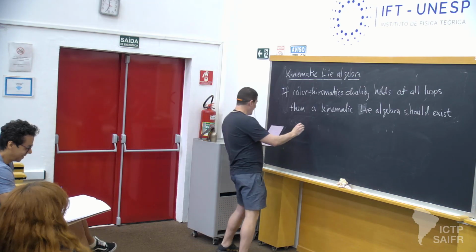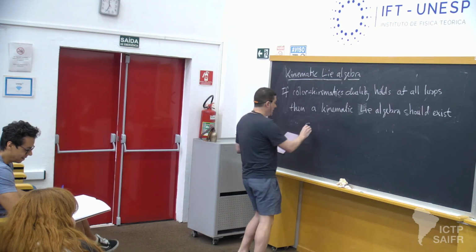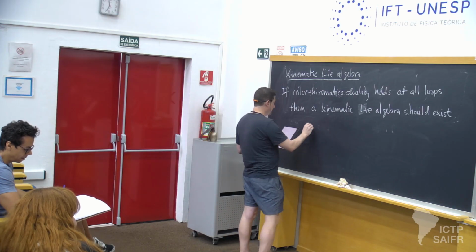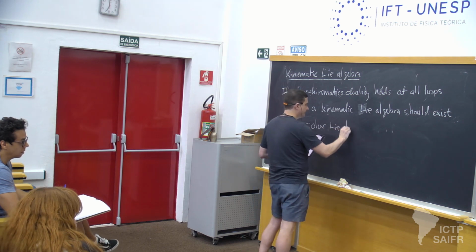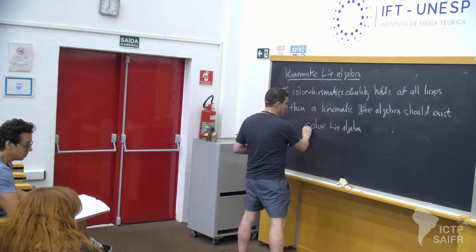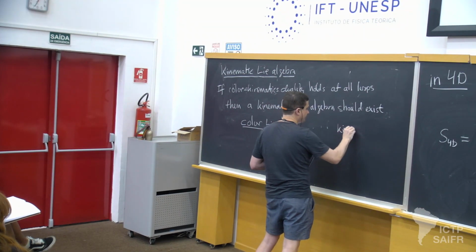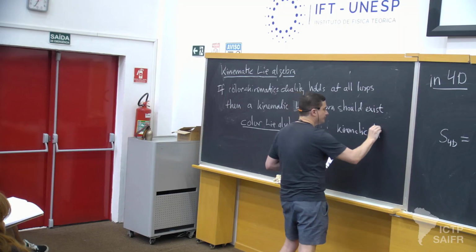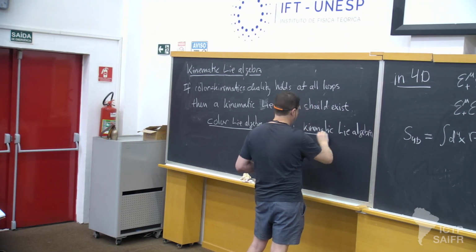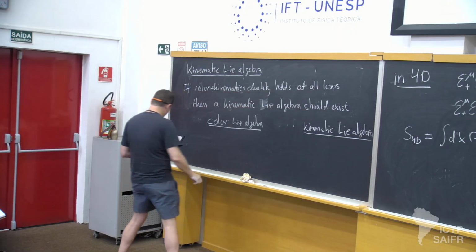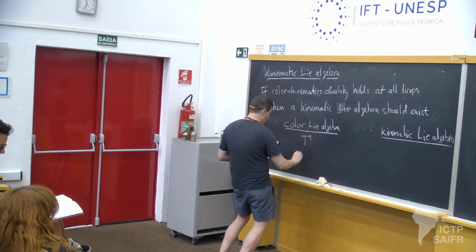But anyhow, let's first compare a color Lie algebra with a kinematic Lie algebra. And maybe over here we put kinematic. Obviously the most important things in a color Lie algebra are the generators and the structure constants, right?